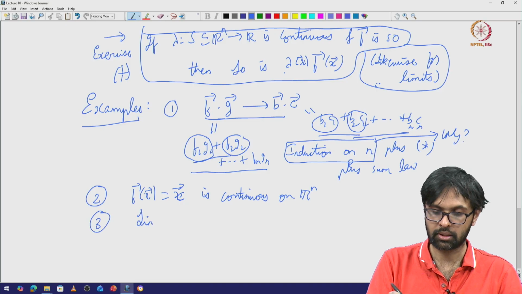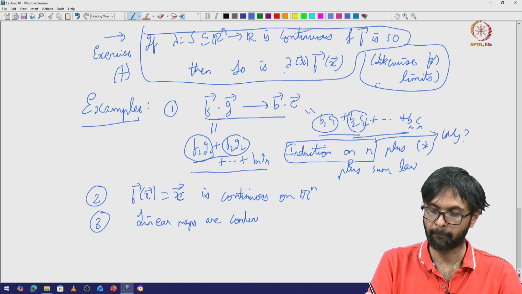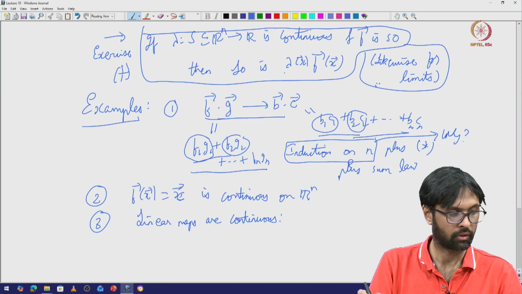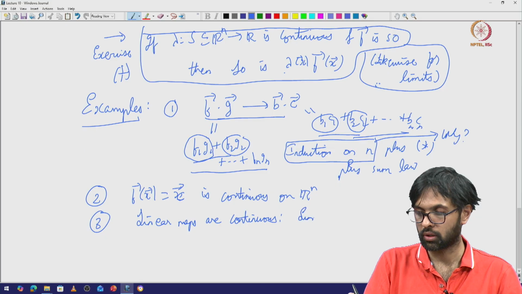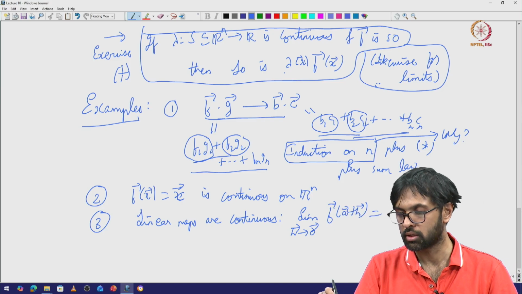Linear maps are continuous. Indeed, suppose we consider this by linearity.